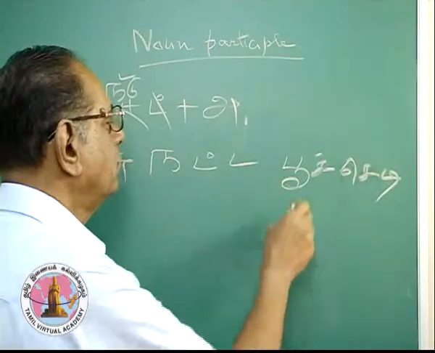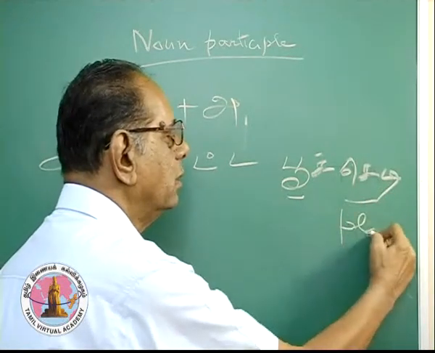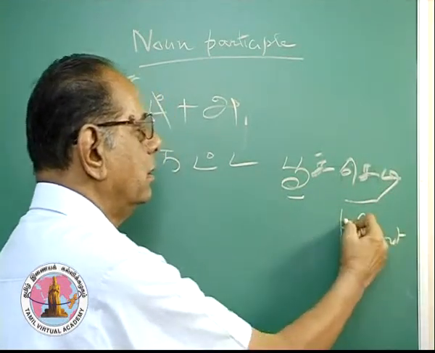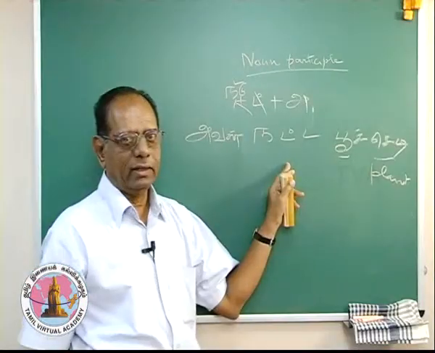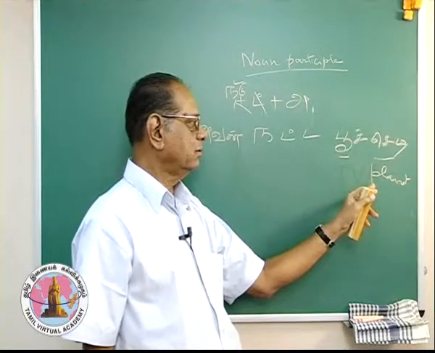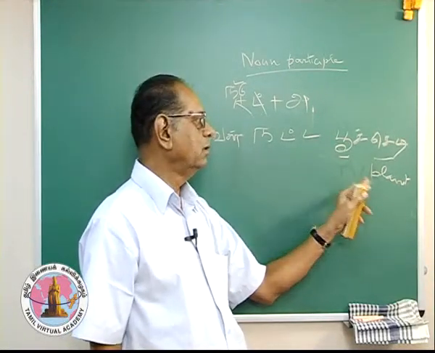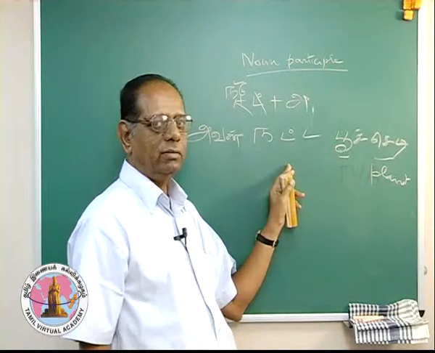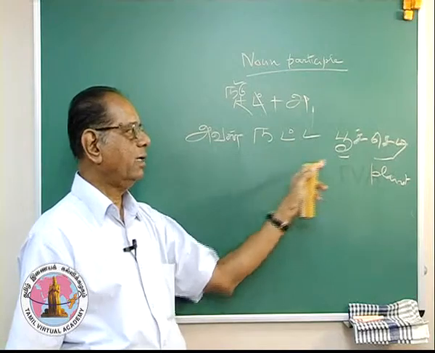Flower plant. Poo, you know. Chedi is plant. Natta, planted. The flower plant planted by her. அவள் நட்ட பூச்செடி.